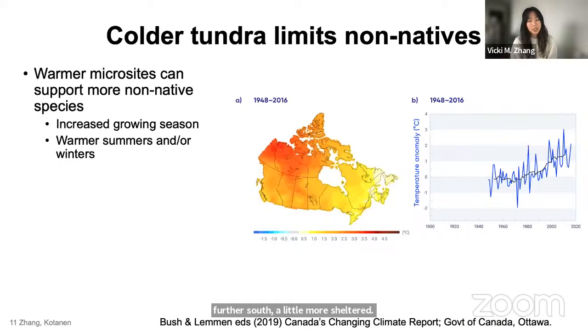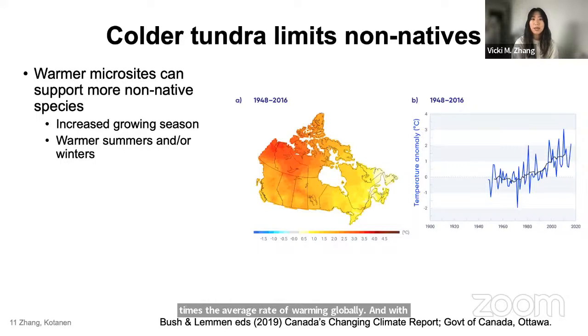Next up, let's look at the effects of warming. So a colder temperature in the tundra might be a barrier for non-native species, limiting them from further spread. In warmer microsites, it's been observed that non-native species can do better, which is one reason why temperate regions are much more heavily invaded. The Canadian Arctic is warming at a rate that is 3 to 4 times the average rate of warming globally.